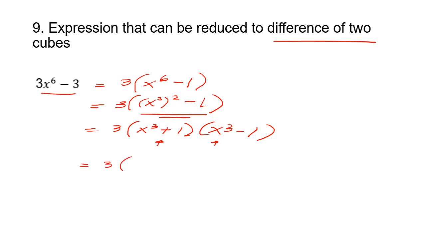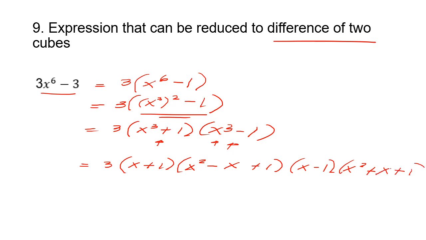So we have 3 times x plus 1 times the quantity of the square of the first term minus x plus 1, times kanina pod x minus 1 times x squared, square of the first term, plus x plus 1. So this is now the final answer.